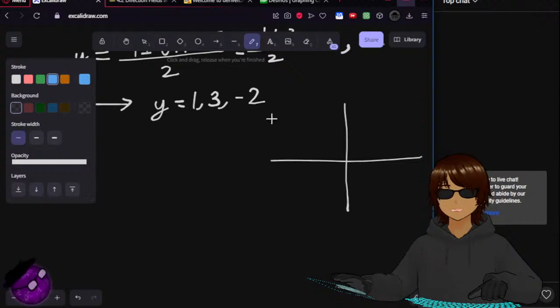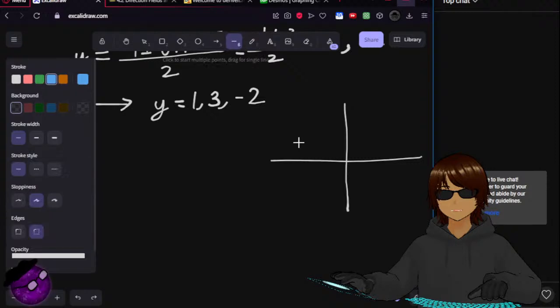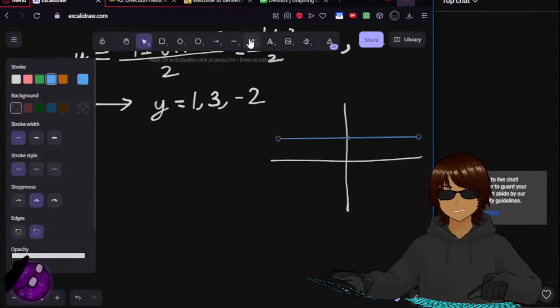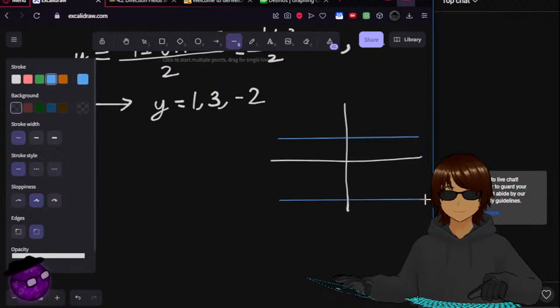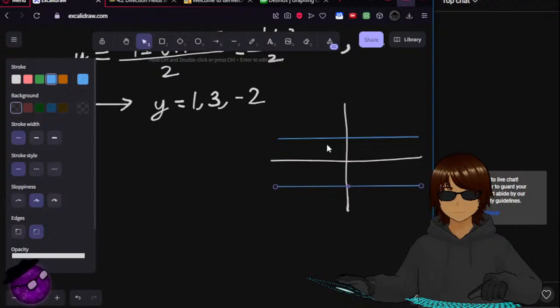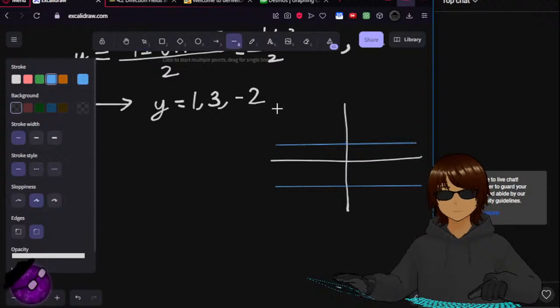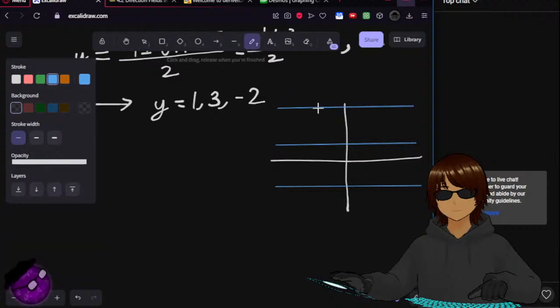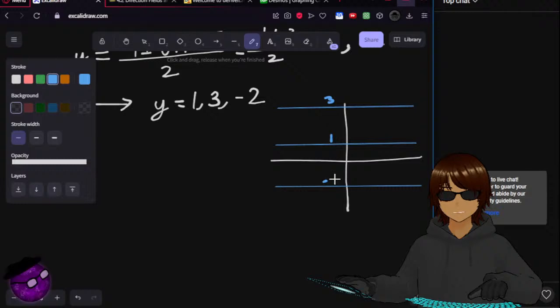So the derivative is 0 over here, 0 over here, zero at 3. 3, 1, negative 2.